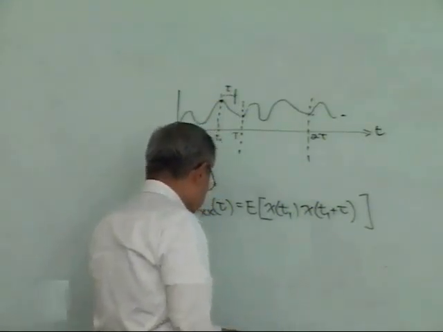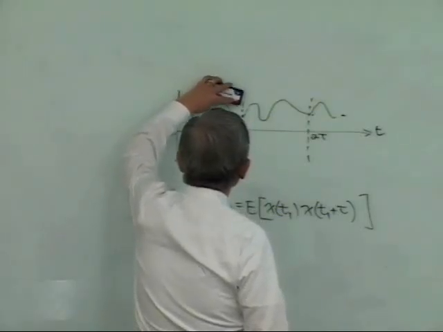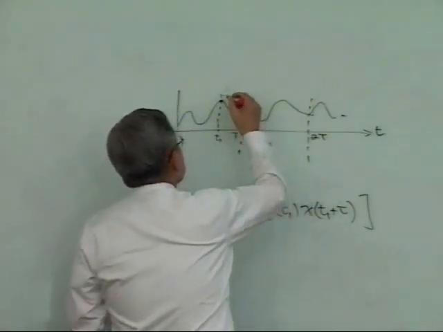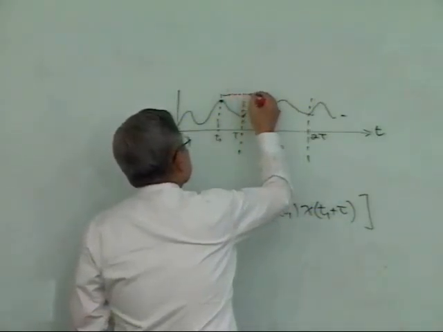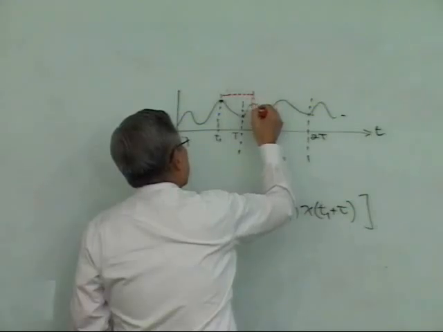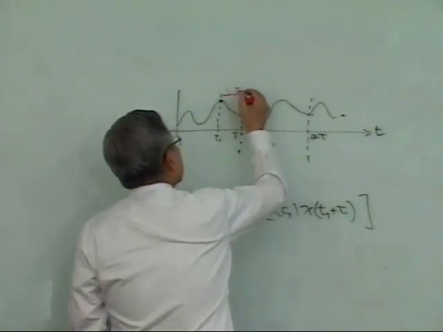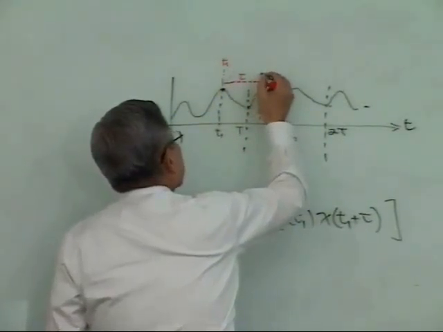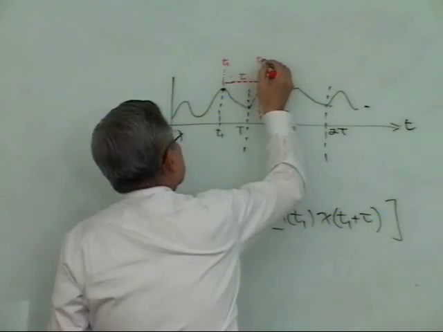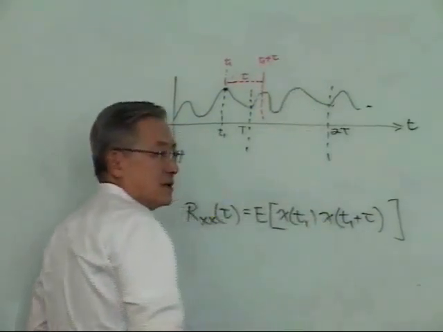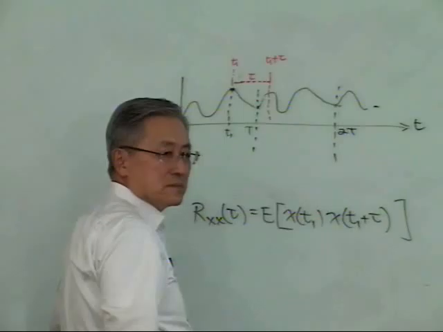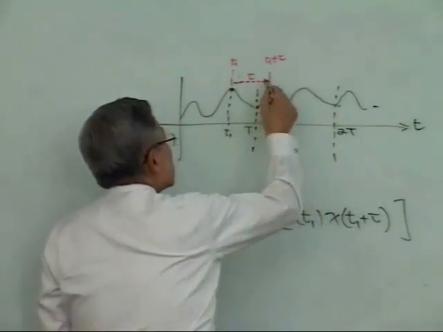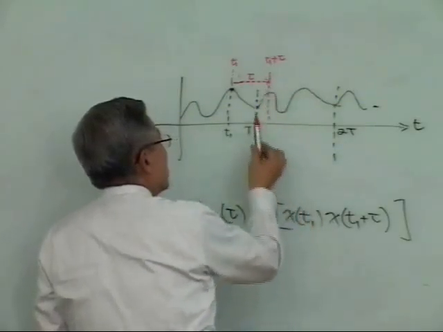But the problem is in the process, if this comes right here, this is tau. So this guy is T1, but this guy is T1 plus tau.